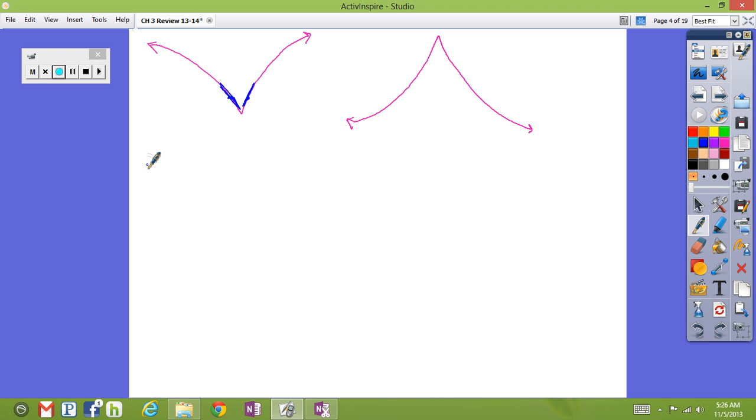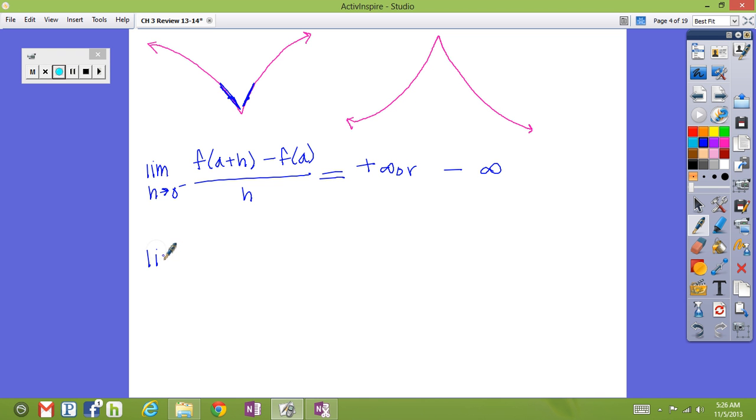So the derivative coming in from the left for a cusp will be positive or negative infinity. I'm actually going to write it with an over. But then the limit as h goes to 0 from the right will actually be the other infinity.